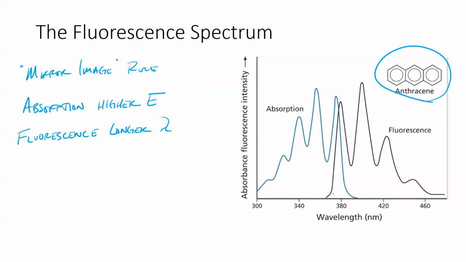So how do we explain this little bit in the middle where the fluorescence is actually higher in energy than the absorption? You may want to take a stab at explaining that.